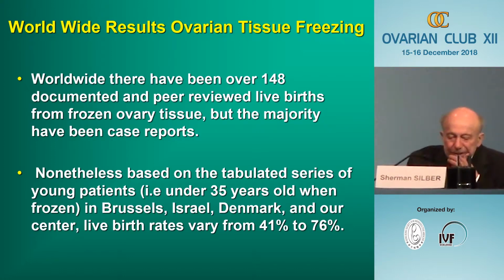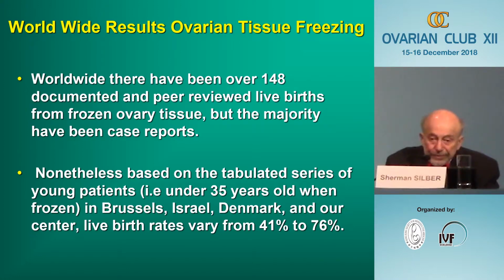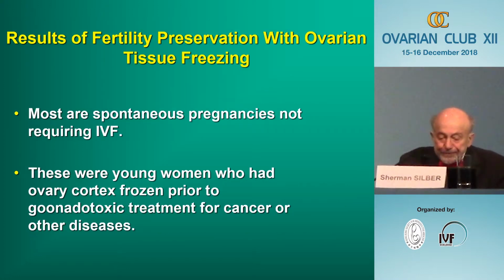But based on tabulated series with young patients in Brussels, in Israel, in Denmark, and in our center, the live birth rates will vary between 41% and 76%. And so it's a very, very high success rate with ovary tissue freezing, and it may be an advantage over just doing one cycle of oocyte freezing, where you might have maybe a 30 or 40% chance of pregnancy.